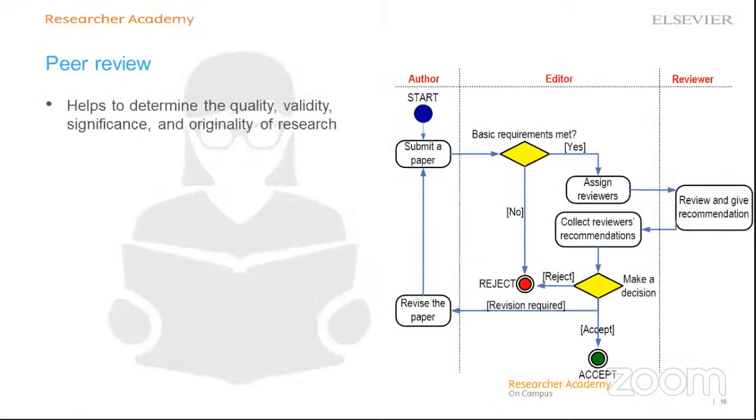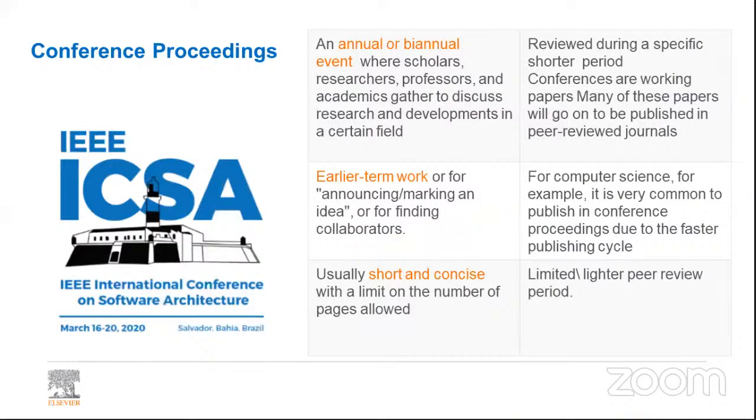Okay, we now talked about the textbooks and the journal articles as references. We still have too many references, as we said in the beginning. We have the conference proceedings. What are conference proceedings? For you to know, conferences are annual or maybe biannual events where researchers or scholars or professors or even students gather and discuss research in a specific field and present their work.